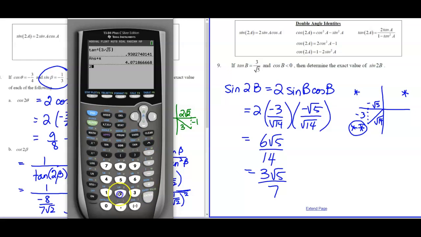Now we want to go 2 sine of that. Close the brackets, cos of that. Okay, then check. Oh, don't do fractions. So 3 root 5 over 7 root 6.